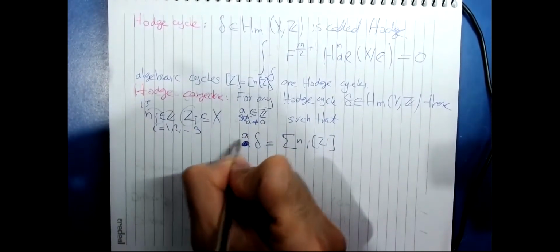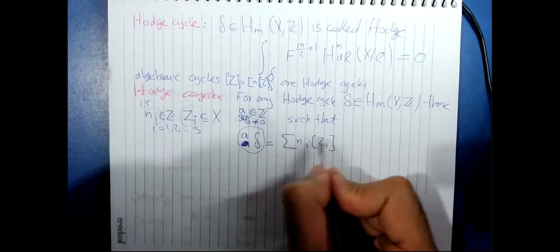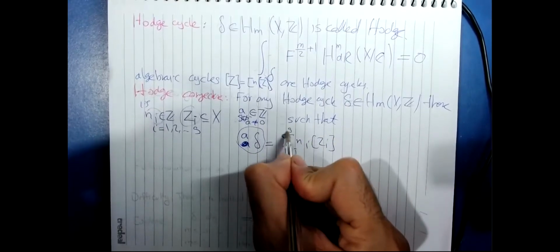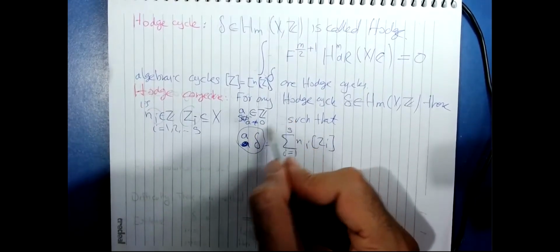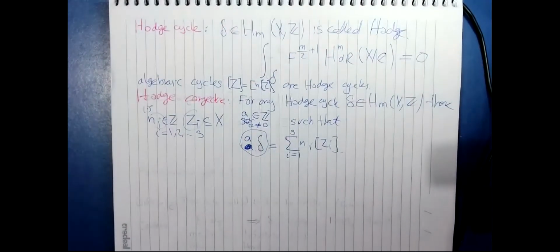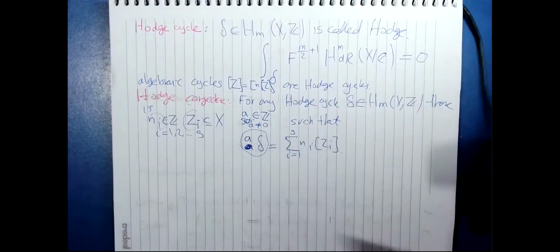whenever I multiply a delta with a, then this will be my algebraic cycle. So for any Hodge cycle, a multiple of it must be an algebraic cycle, and this conjecture is still open.